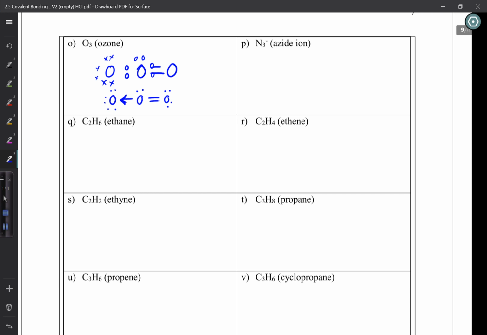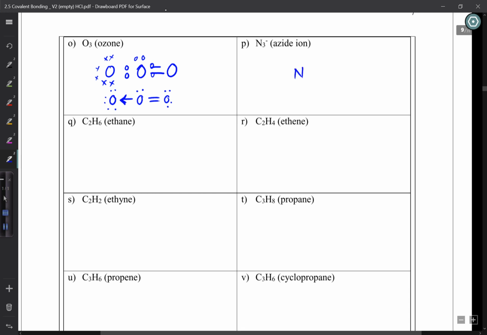How are you going to connect these three nitrogens? You have nitrogen 1, nitrogen 2, nitrogen 3. Alright? So basically, this structure is something like this. This question, if you don't know what to do, is okay, it's for information, because this is one of the harder examples. So this is actually the structure of azide.